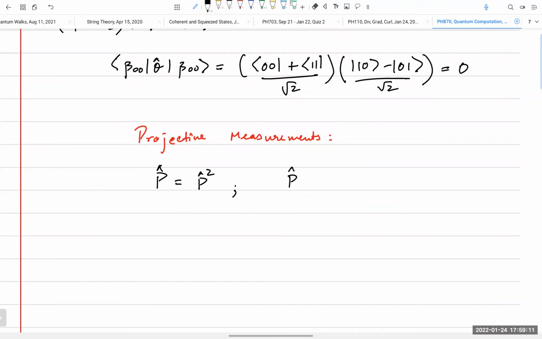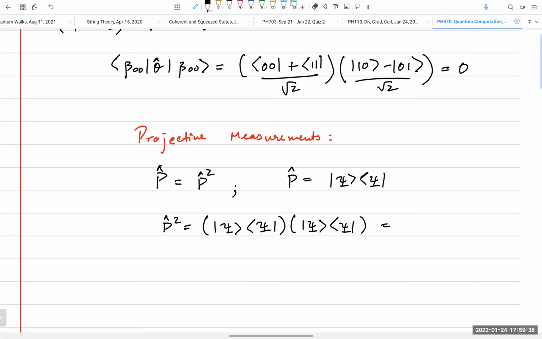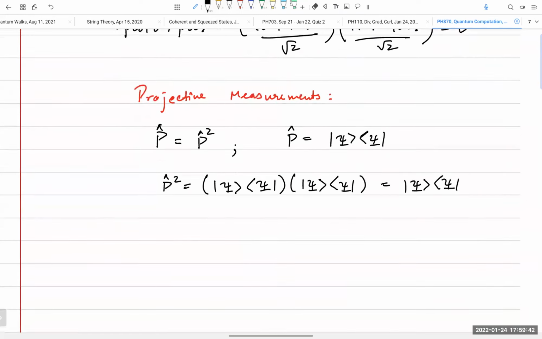So if you take any state in a Hilbert space and you construct the outer product of the state with itself, you get a projection operator, as long as it's a normalized state, because you can check quite trivially that if you take the product of this object with itself, you get the same object again.